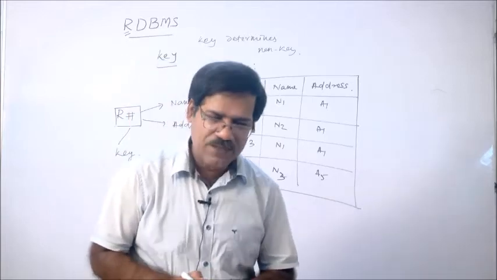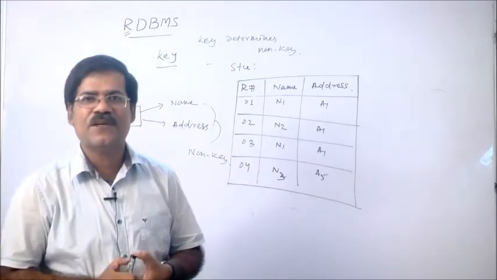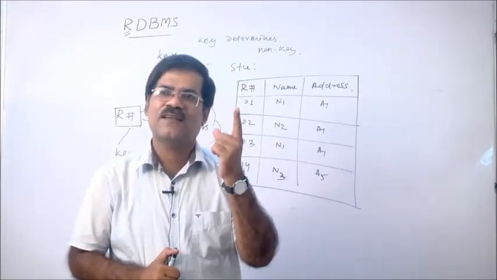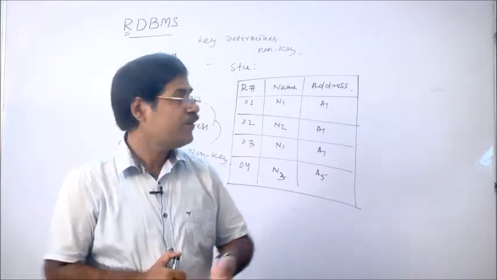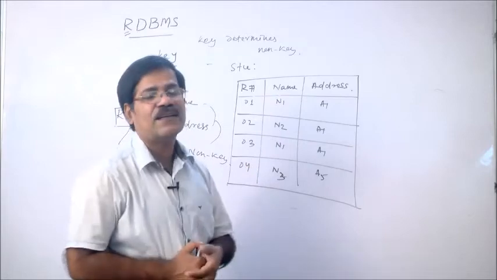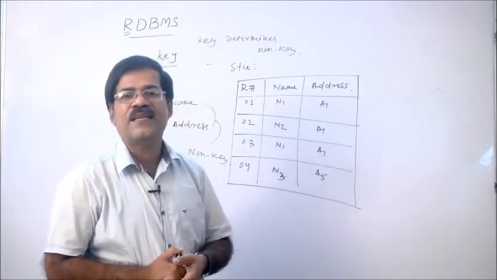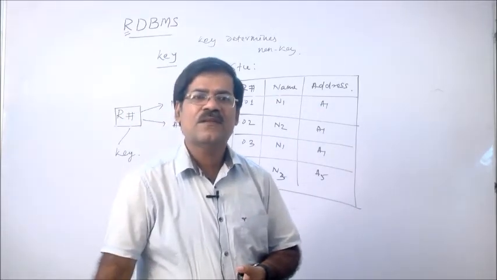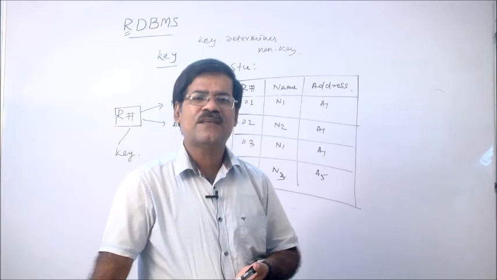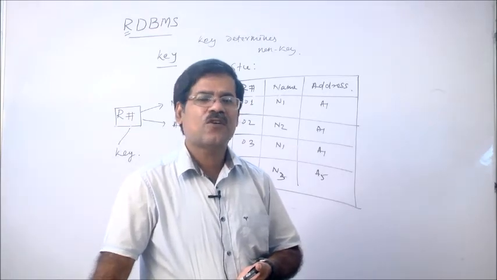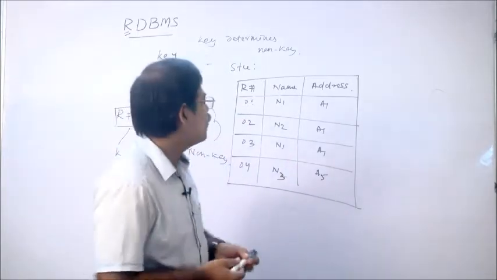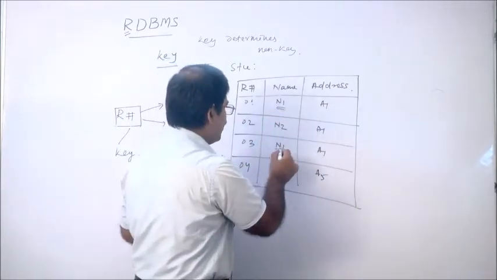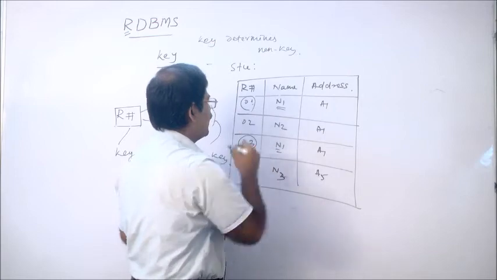If you say roll number, you can easily find the name, because roll number 1 student is there. His name and address can be easily retrieved from the table. If you say name is N1, not a single record will be fetched. If you say name is N1, what is the roll number? There may be multiple students with name N1, so roll number may be 1 or 3.